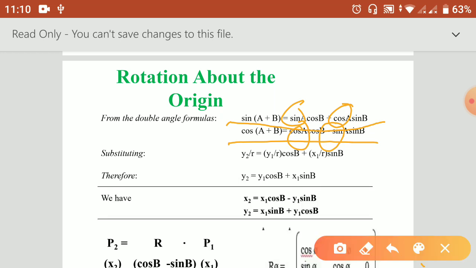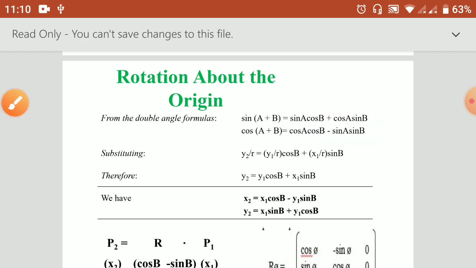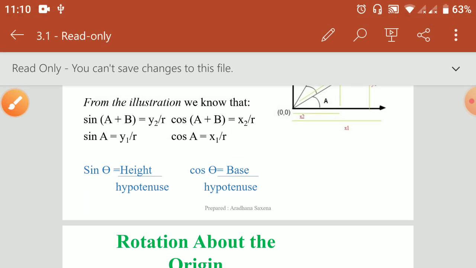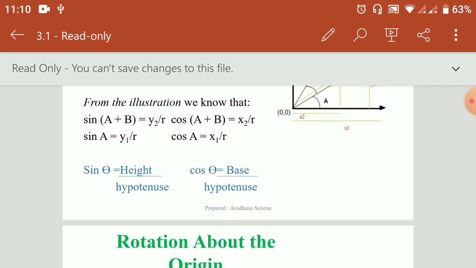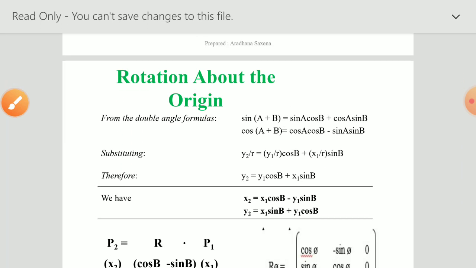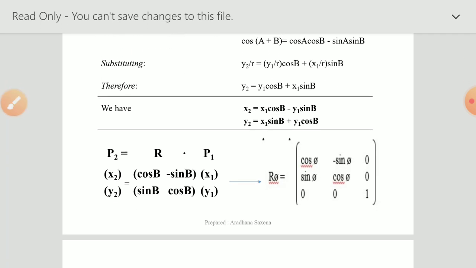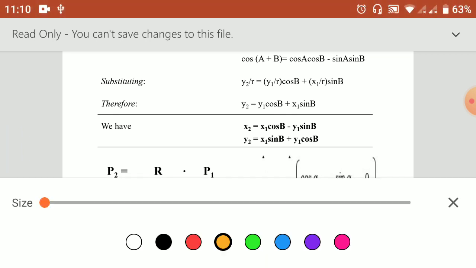Sin A and cos A values are given, and we will put them in this equation. So after substituting the values, the equation will be y2 upon r equal to this. So r will cancel out, then the equation will be like this.